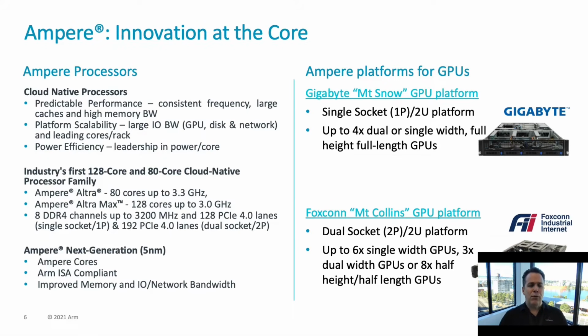Another platform we're enabling for Android in the cloud is the Foxconn Mount Collins GPU platform, which is a dual socket, so 2 CPUs. This is the bigger platform with greater GPU capabilities, allowing up to 6 single-width GPUs, 3 dual-width GPUs, or 8 smaller half-width, half-height GPUs. So large GPU capacity, which I alluded to earlier in my presentation.